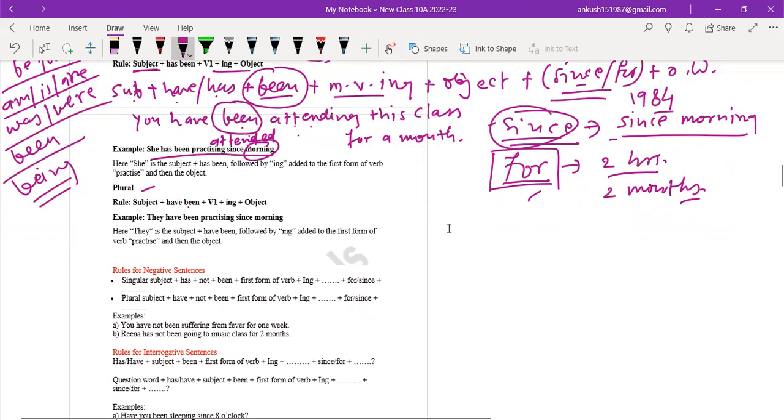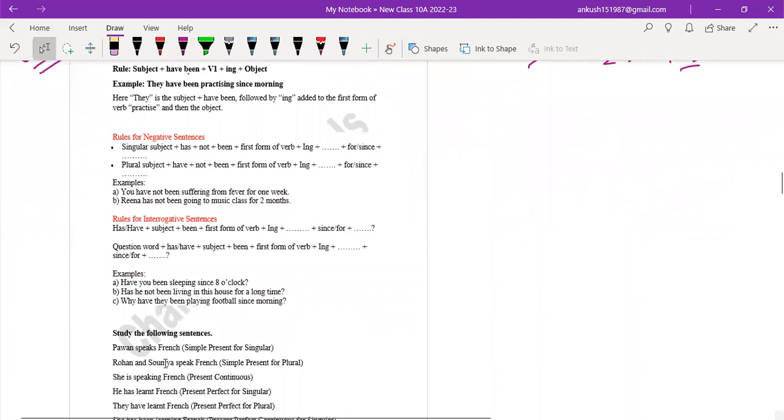Let us understand the negative sentence of this tense. Very easy. Subject plus have or has plus not.